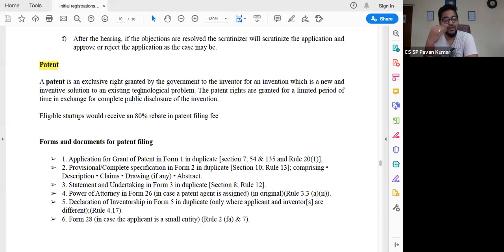So if they want a patent, in order to promote them, an 80% rebate on the patent fee is given to them. Normally, to get a patent registered, a person has to spend nearly 1 lakh rupees, so at least 80% of the patent fee will be given back to him.